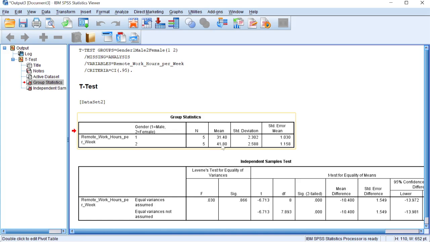You need to use the t-test to know if there is a significant difference between their mean. Are you getting it? Because merely looking at this, you could just conclude, wow, female can work higher hours. But this is not enough. You must look at the t-test.